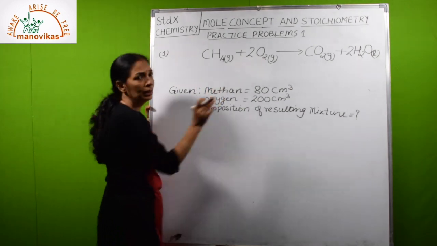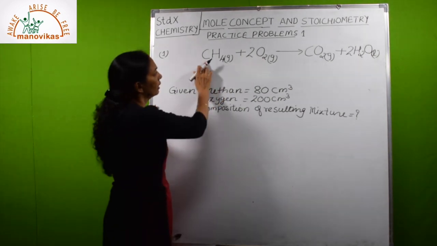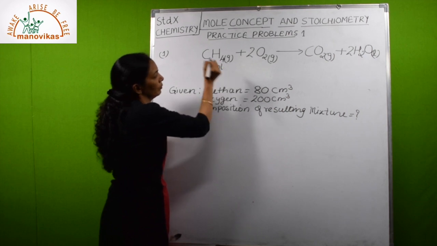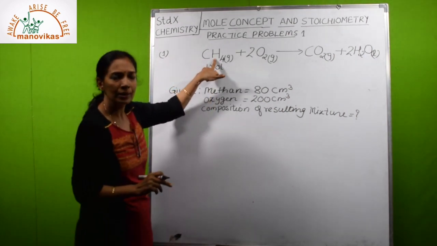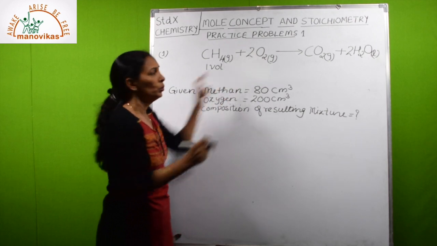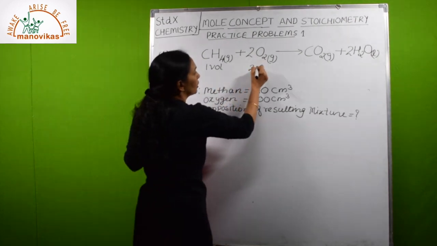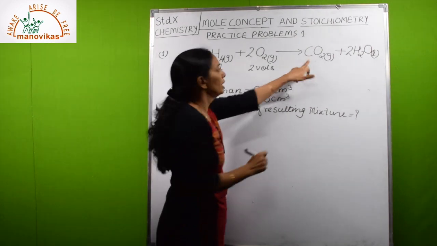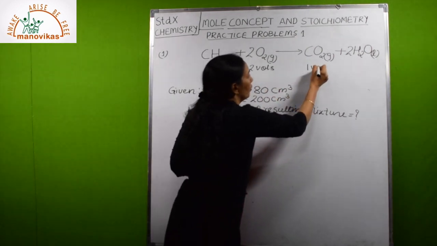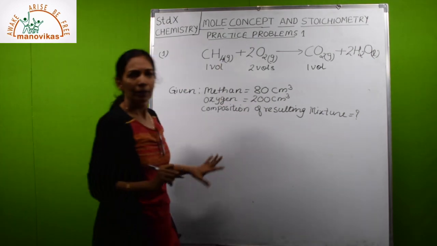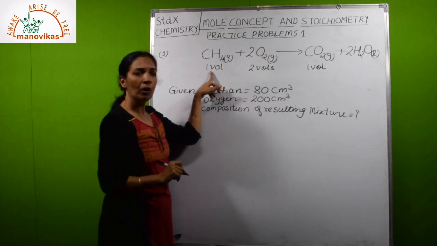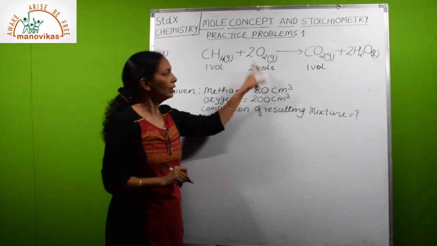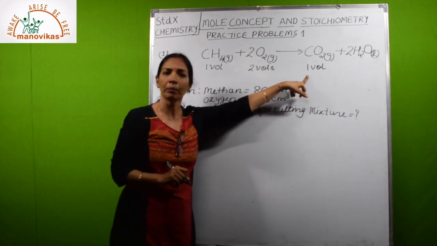Now here, according to Gay-Lussac's law, we can write CH4 here 1 volume, because only one CH4 is there. Here 2O2, so 2 volumes. And 1 CO2 is produced, so 1 volume. Okay, so 1 volume of methane combines with 2 volumes of oxygen and produces 1 volume of carbon dioxide.